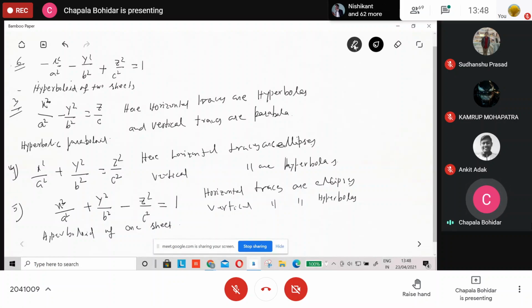Vertical traces are hyperbolas. Horizontal traces are ellipses.